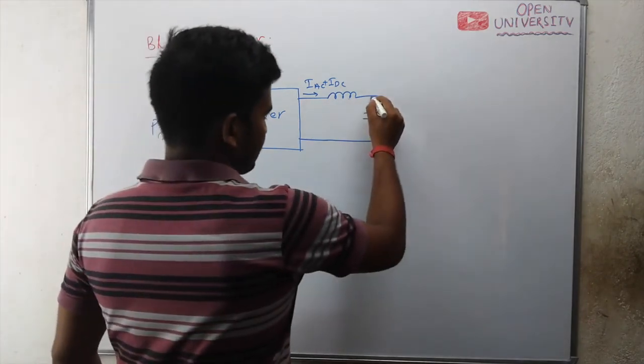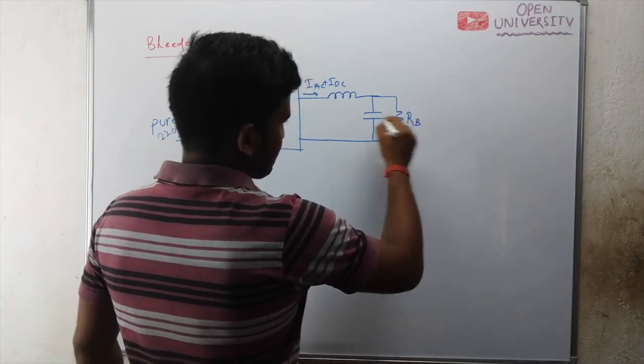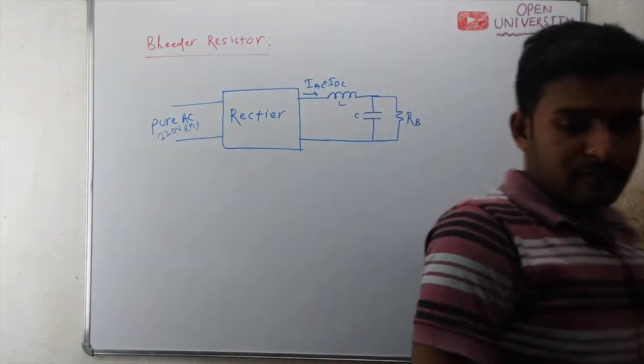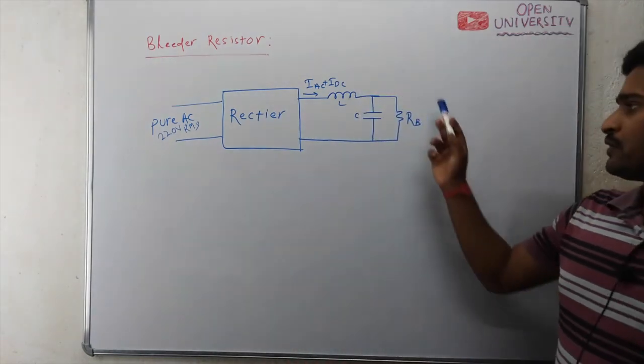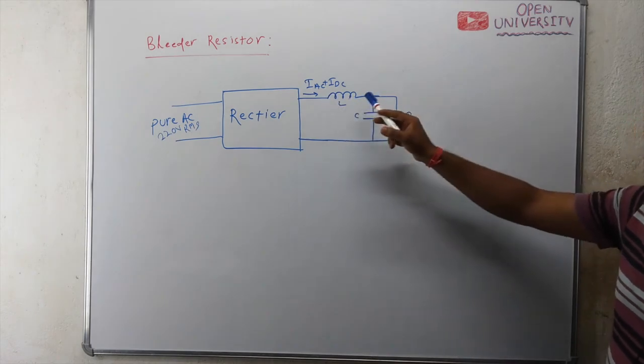And you are connecting a resistor, that is RB, in parallel to capacitor. So here also RB is connected to provide a path for current through RL.